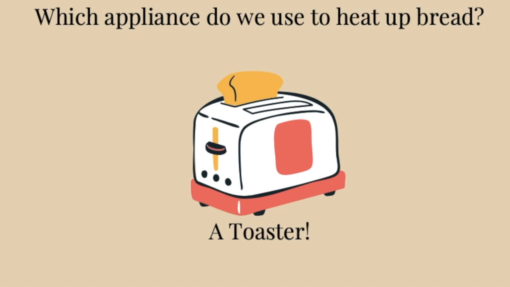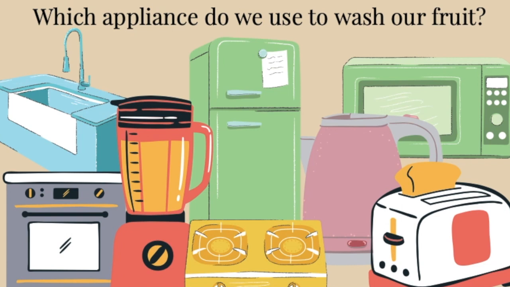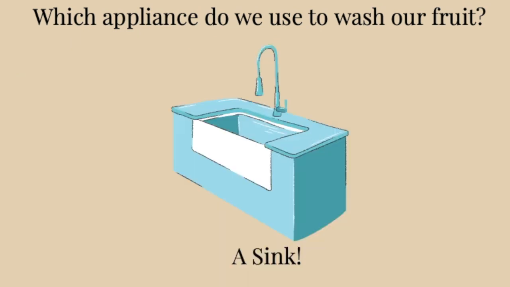I will give you 5 seconds after every question, and if you need more time, pause the screen. Which appliance do we use to wash our fruit? A sink. Repeat. A sink.